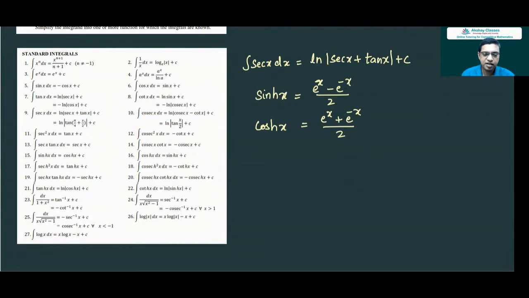And tan hyperbolic x is sine upon cos, and cosecant, cot, all those things are similar to trigonometric ratios.